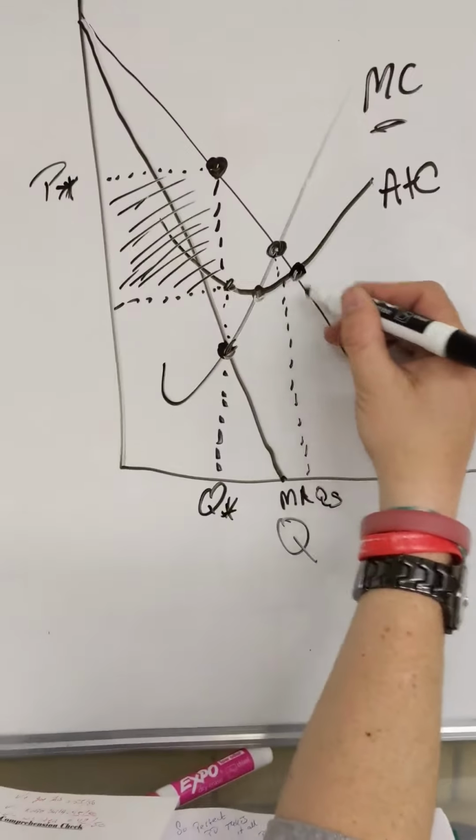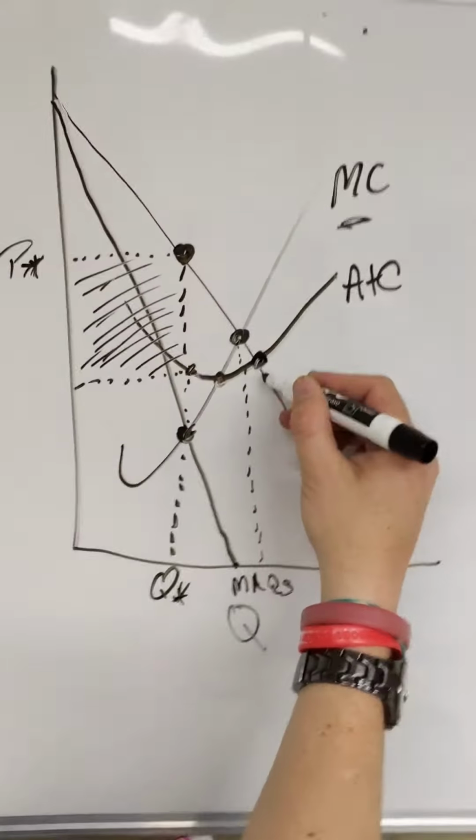So that's where ATC hits the demand, or hits price. That would be Q R. That's what the monopolist would charge, socially optimal, if they were regulated to take this.